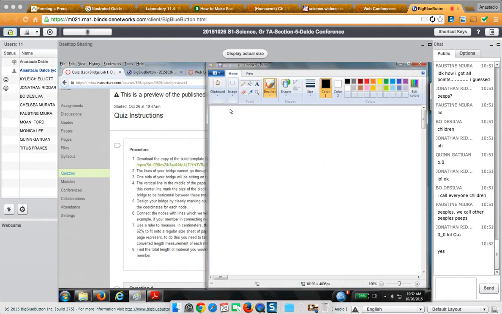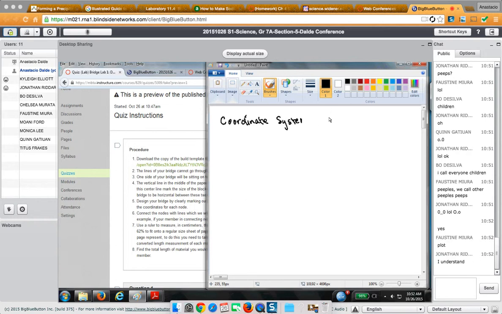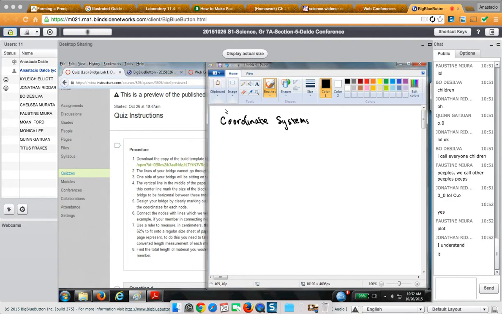My goal for you today is to get you through an understanding of coordinate systems, particularly the Cartesian coordinate system. I also want to do the distance formula with you.